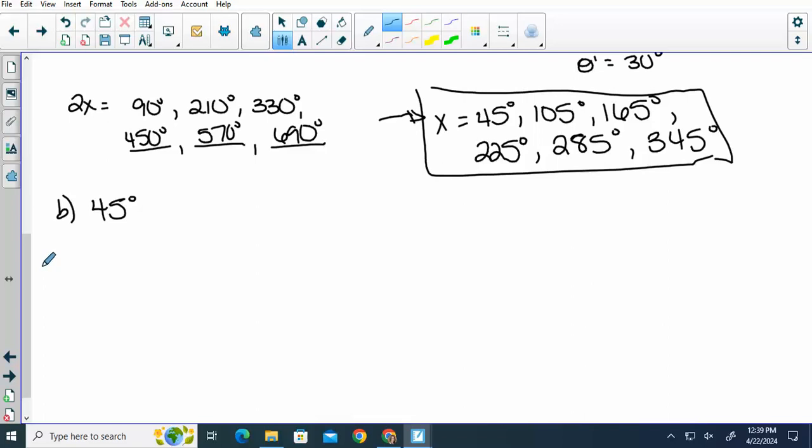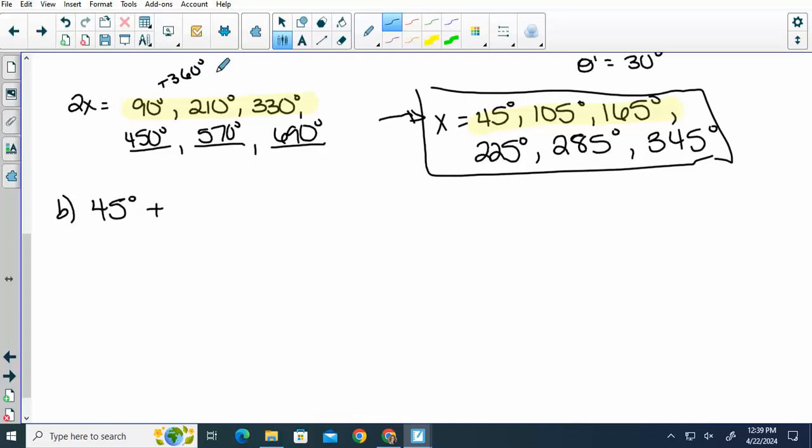One option is to do all 6 of these plus 360K. It's not the most concise, but it does give us all of our answers. The other way is to take the original ones. So these would have been my 3 original, right? Normal period, we would have added 360.